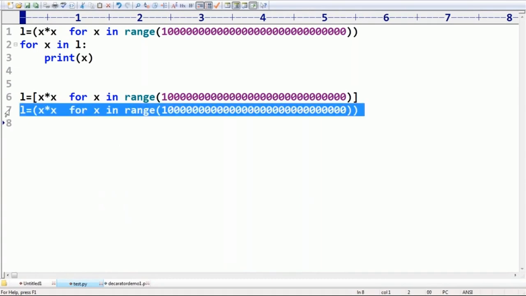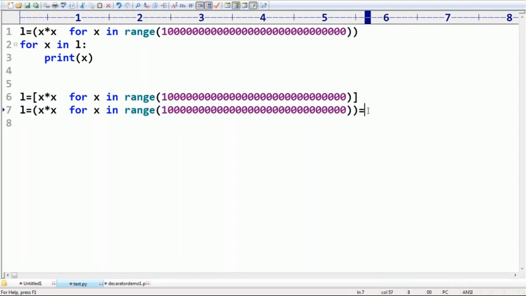Okay, now the suspense is going to be closed. What is this second concept? It is nothing but the generators concept. When compared with normal collections, list, range, what is the advantage of generators?